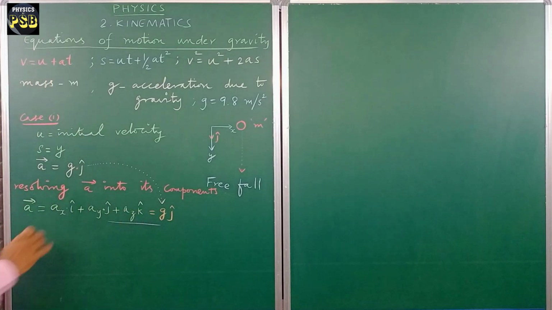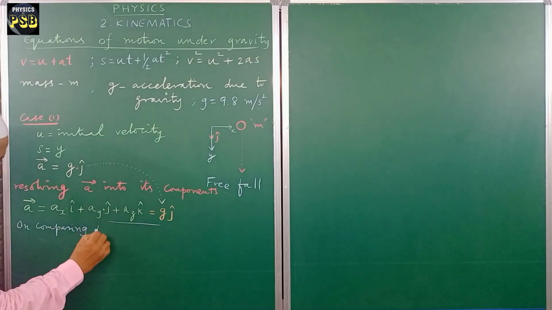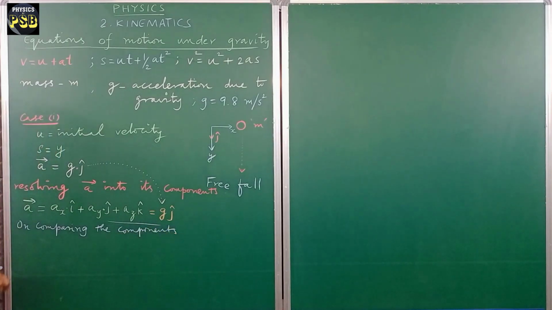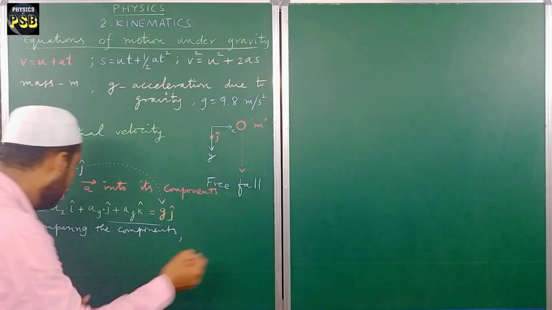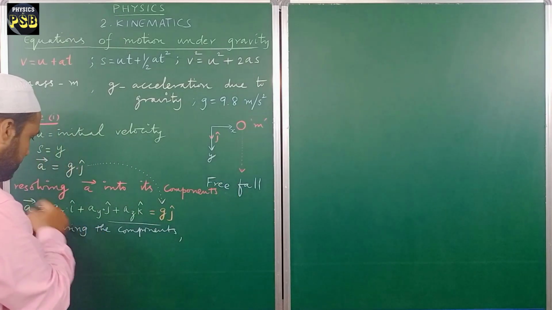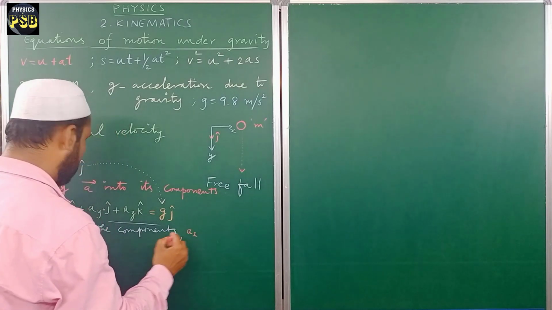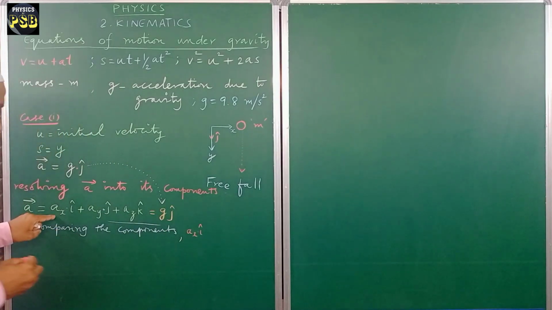Got it? Now on comparison, I'm comparing the components. See what I get if I do so. To save the space, I write it here. In this side, Ax i cap is present.